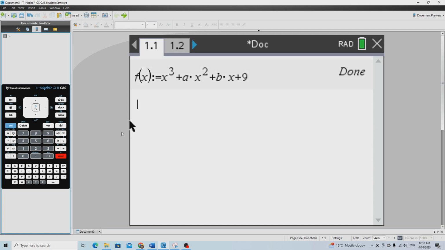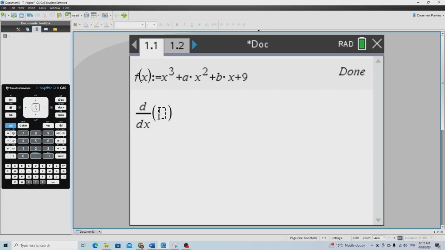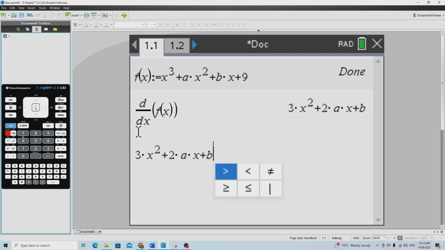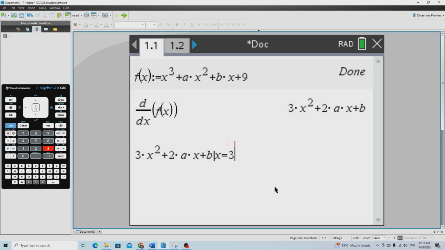Because it has a turning point at that point, we find the derivative of f of x, and at x equals 3, we get this. That's your gradient, and it must equal 0.